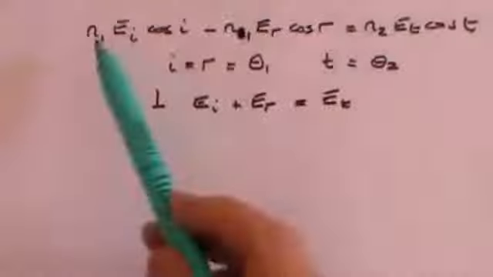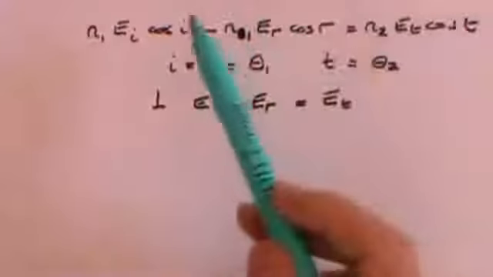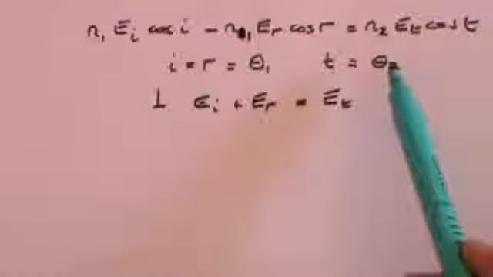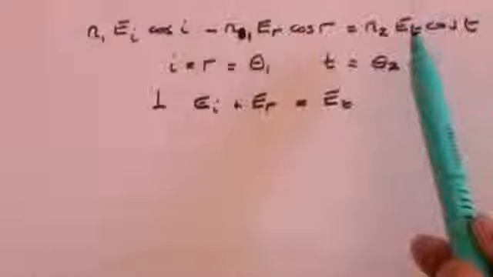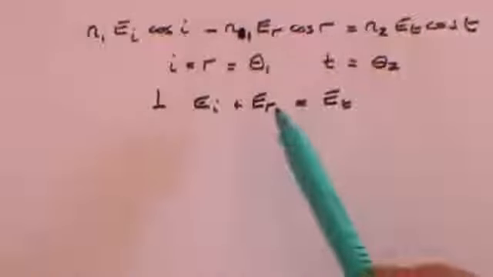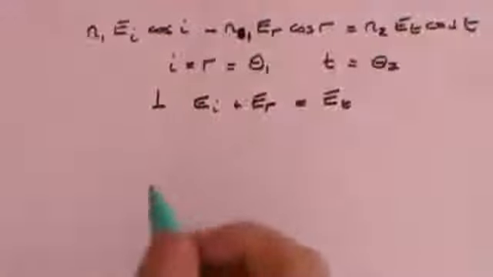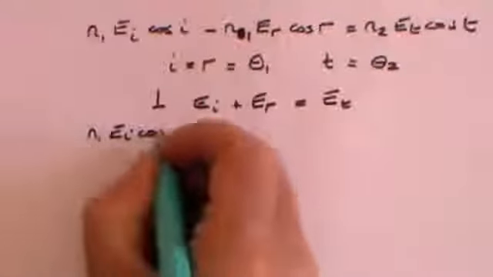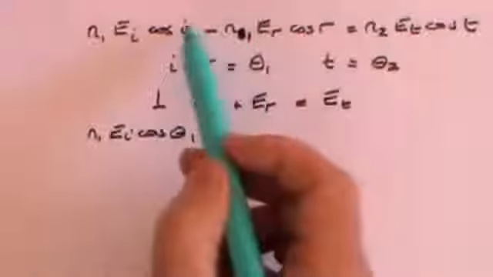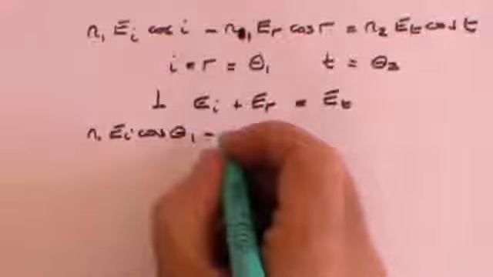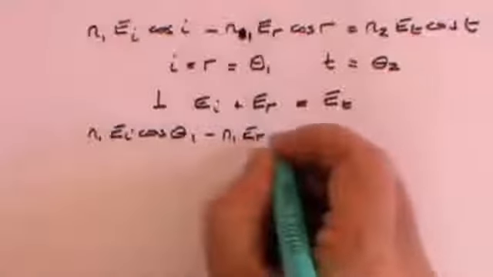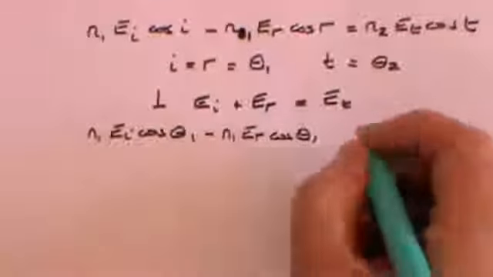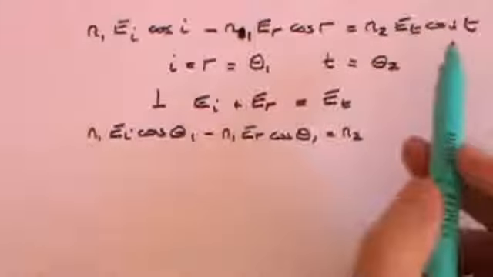So now I'm going to rewrite this equation, except that for angles I and R I'm going to put theta 1, and for angle T I'm going to put theta 2. And when we get to ET, I'm going to substitute EI plus ER. So here goes. That will give me N1 EI cosine theta 1, because that's I, minus N1 ER cosine theta 1, because that's cosine R, is equal to N2 ET.